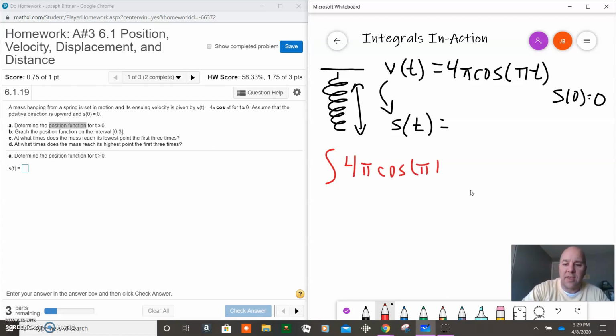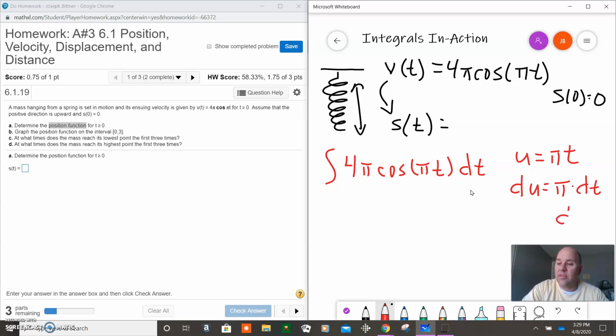Now, this does have a composite function, so we're going to have to do a function inside of a function. The u term, the inside function, is going to be pi t. If you take the derivative of both sides, the derivative of u is du, derivative of pi t is pi dt. And if you think of this as like a division problem, dt will be du over pi.